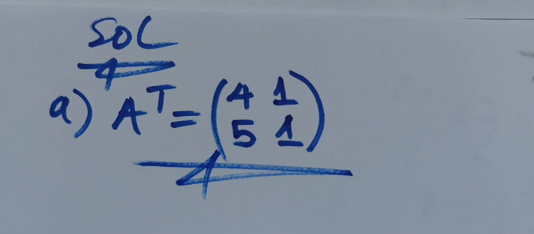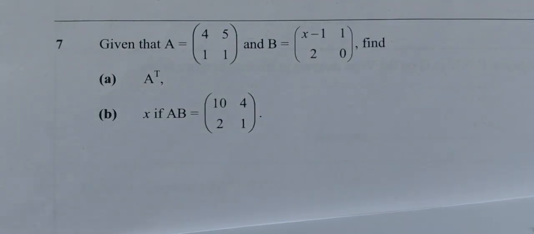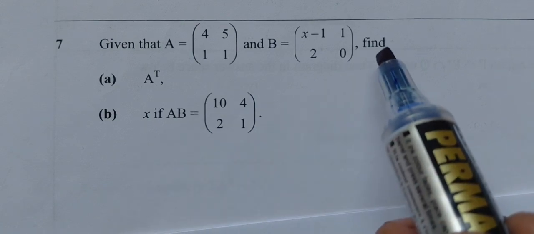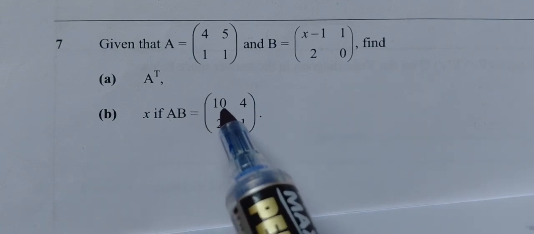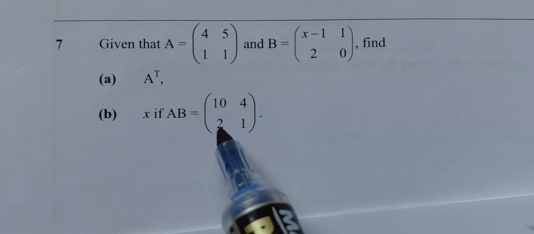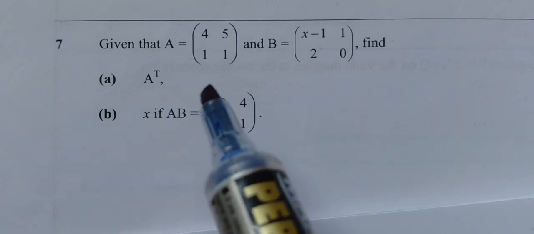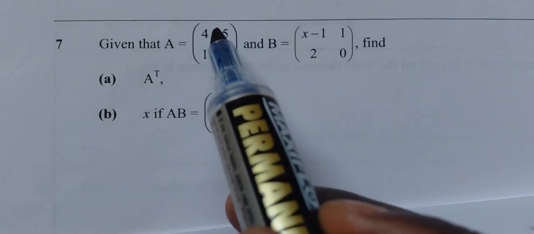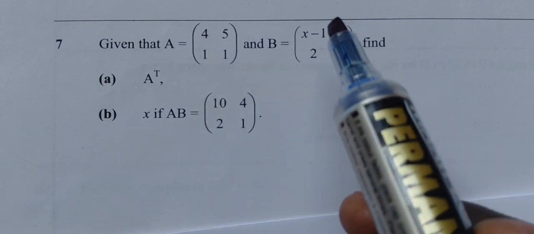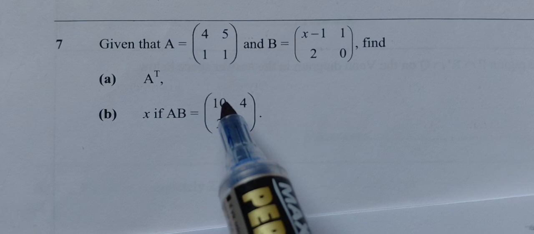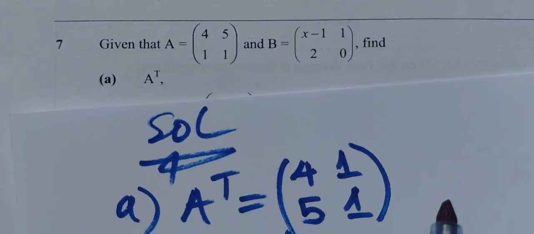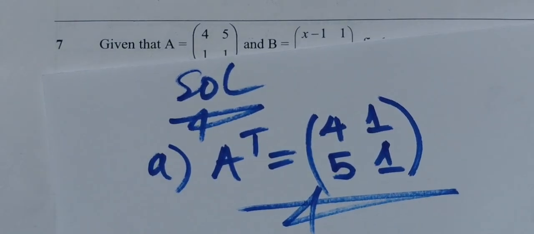All right, so moving on to the second part B. Now for the second part B, we want to find x if AB is equal to [10, 4; 2, 1]. Now we know that when we multiply, for the first matrix we pick the row, and for the second matrix we pick the column. This here will give us 10. So here to get x, I'll just show this as follows.